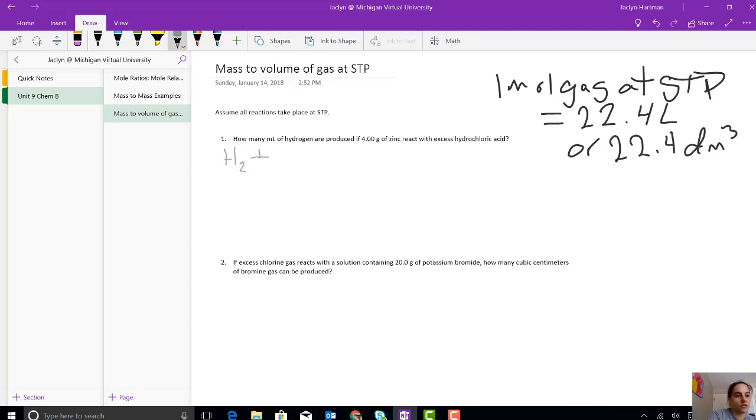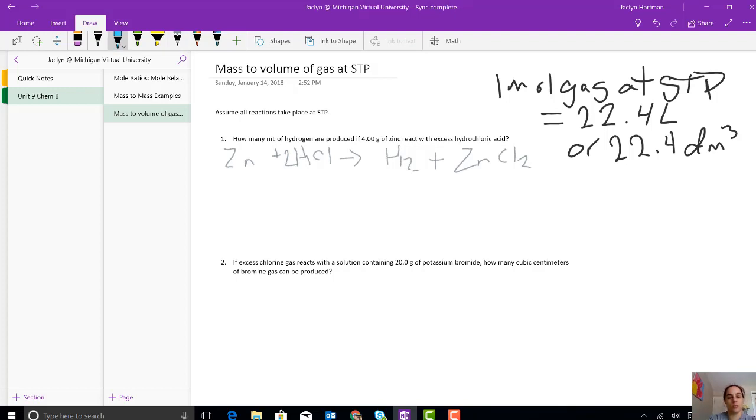We have zinc reacts with hydrochloric acid, HCl, to produce hydrogen. This is a single replacement reaction, so our other product is going to be zinc chloride, and we have to remember to balance our charges. And now we balance our equation by putting a 2 there.